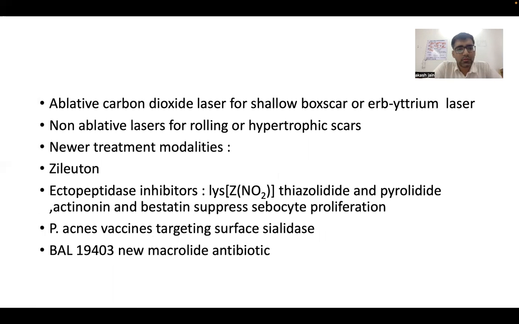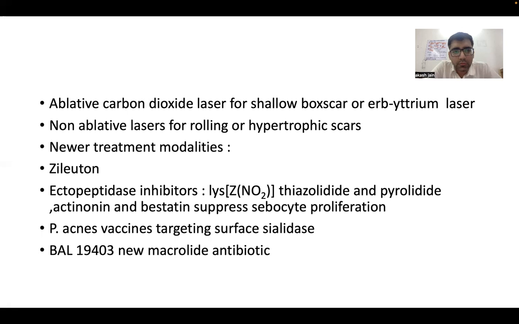Apart from this, there are various lasers which can be used for acne scars and which are highly effective, which include ablative carbon dioxide laser for shallow box scars or erbium YAG laser, and non-ablative laser for rolling or hypertrophic scars. The fractional CO2 laser is the most commonly used laser.